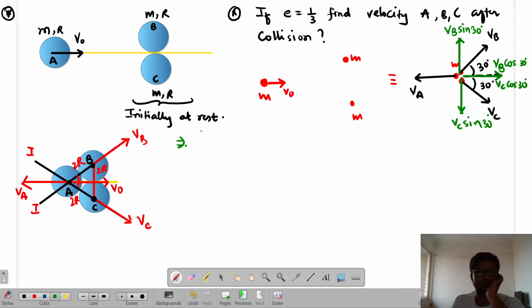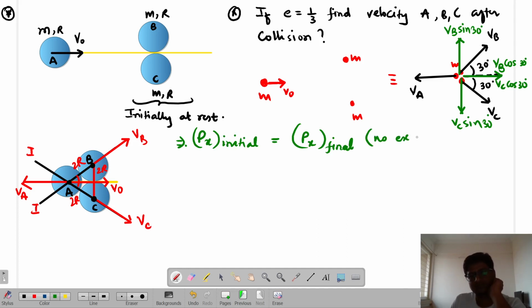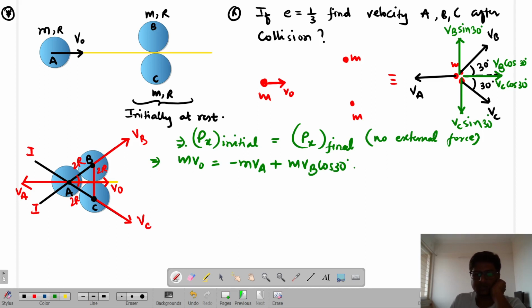According to momentum conservation, P of x initial is equal to P of x final, because in the x direction there is no external force, isn't it? So P of x initially, only one mass was moving: m v naught. P x final is minus m v_A, which is opposite, plus m v_B cos 30 plus m v_C cos 30.